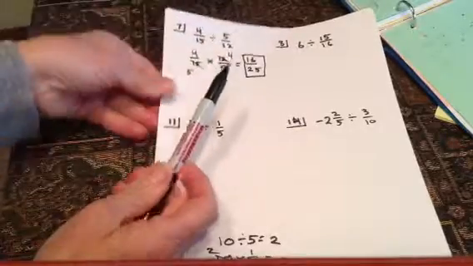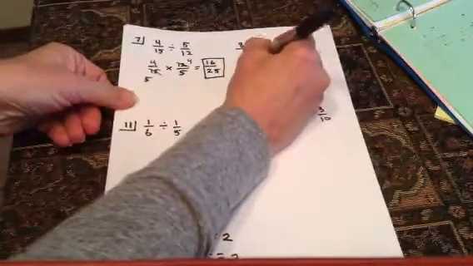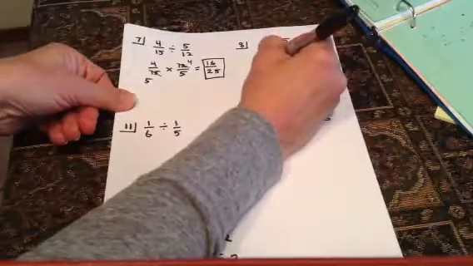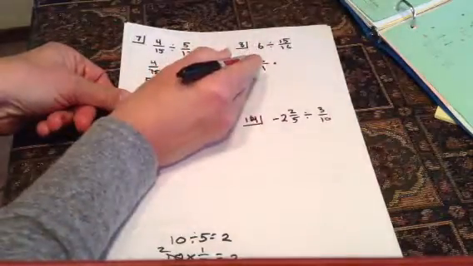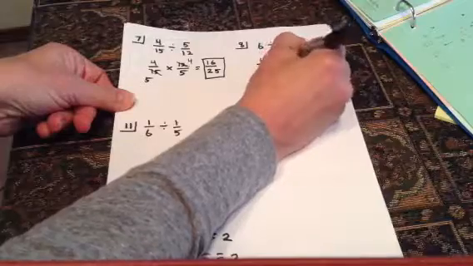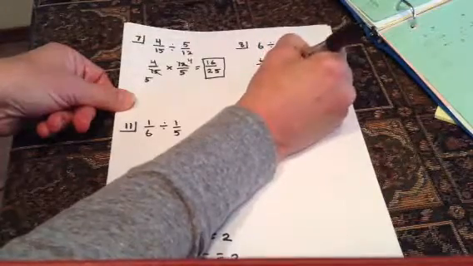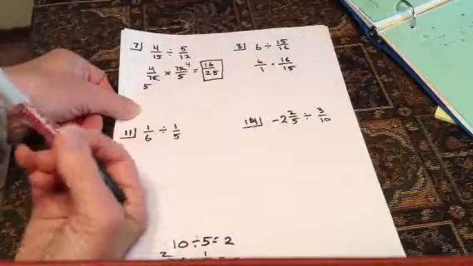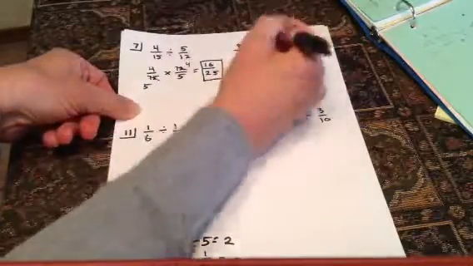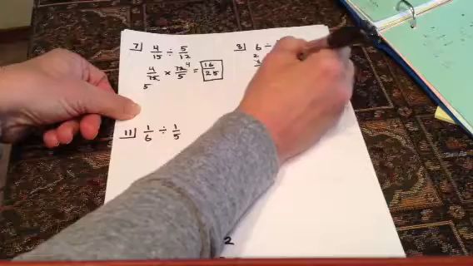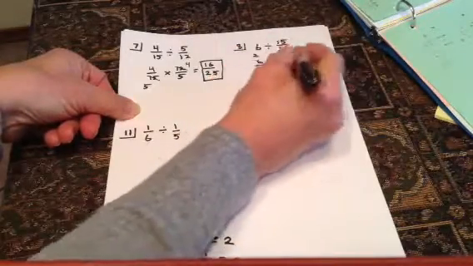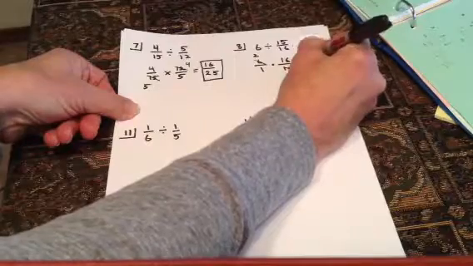On number 8, we have a whole number, and we need to have that as an improper fraction. So we're going to multiply the first number by the reciprocal of the second number. Here again, 6 and 15 share a factor of 3. 3 goes in there twice, and 3 goes in there 5 times. 2 times 16 is 32.